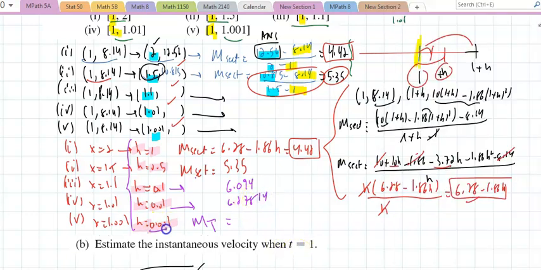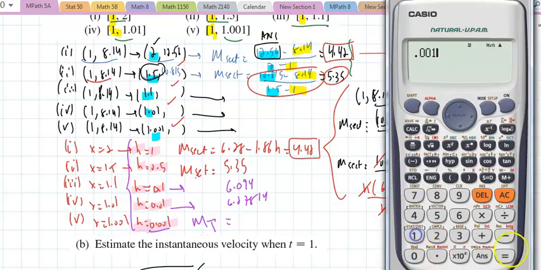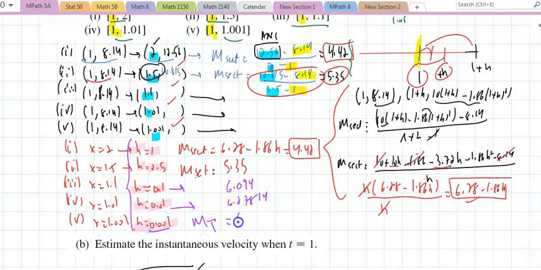And if I go for the 0.001, oops, 0.001, 6.27814. Okay, so it looks like it's leveling off next to 6.2814.